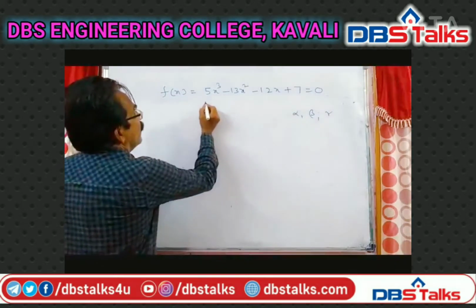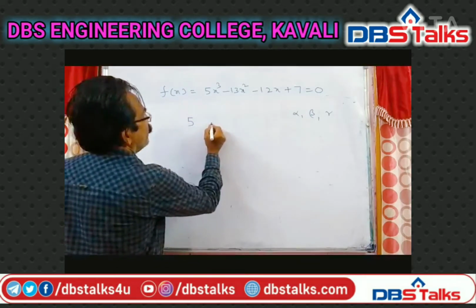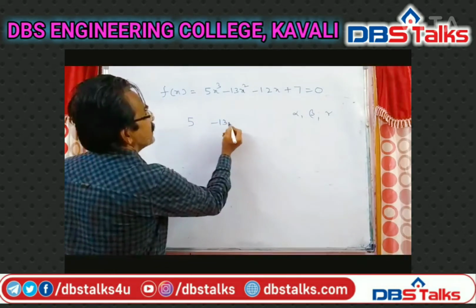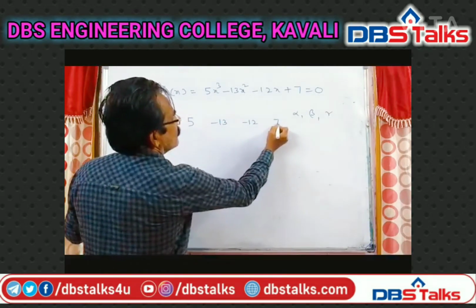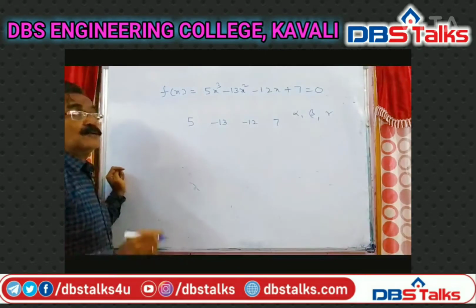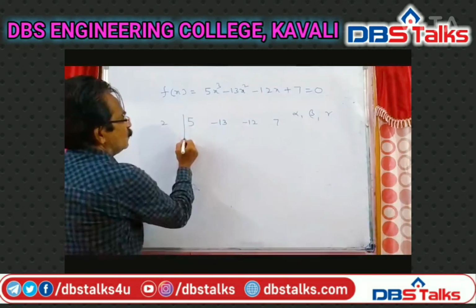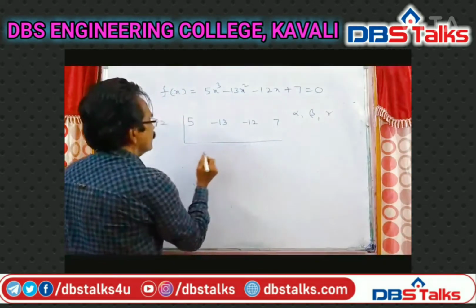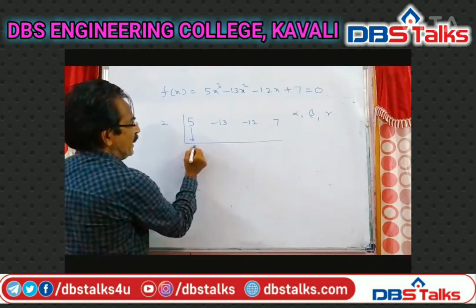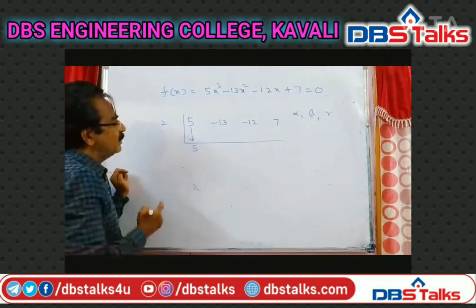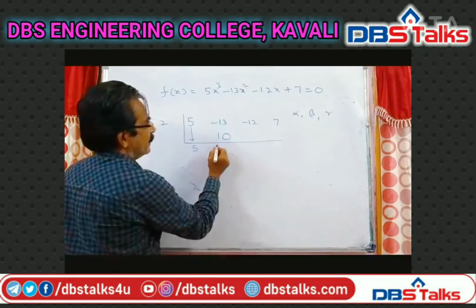So write the coefficients: 5, minus 13, minus 12, 7. Roots are diminished by 2. So the first term you have to note down as it is. 2 into 5, 10.